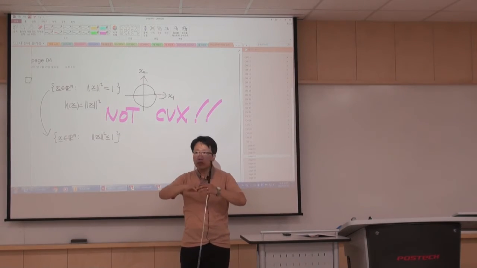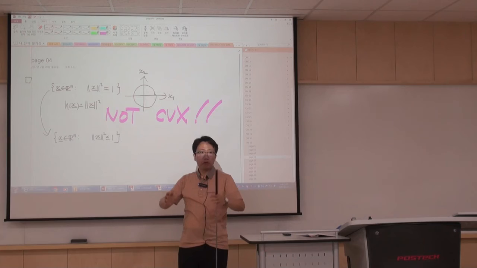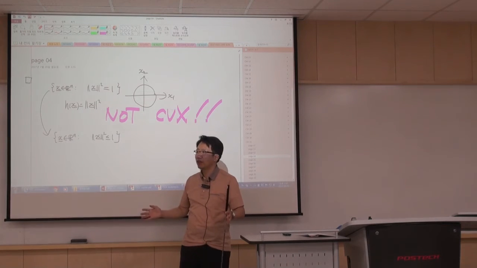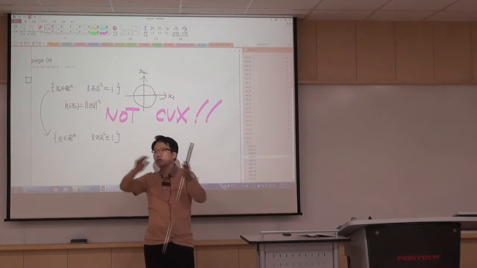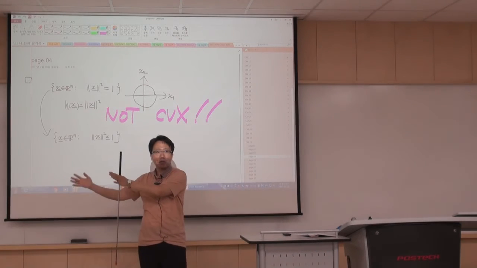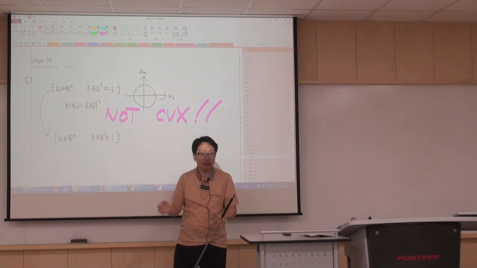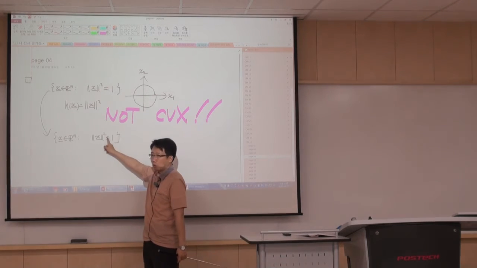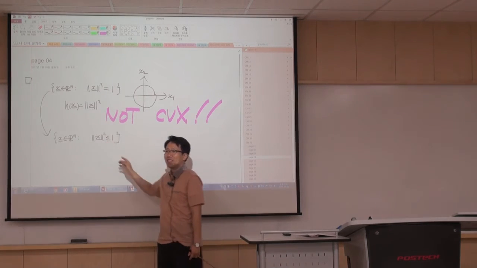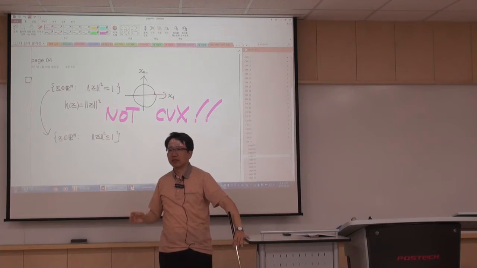You just see that sometimes, by relaxing the constraint, you turn your non-convex problem into a convex problem. Got it? And you solve, and fortunately, equality holds. Got it?